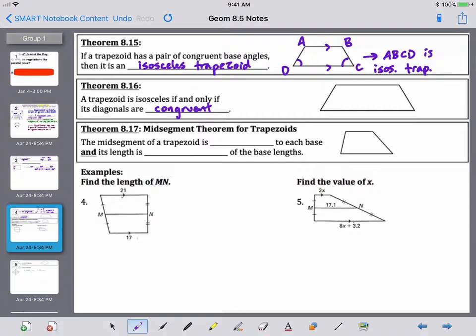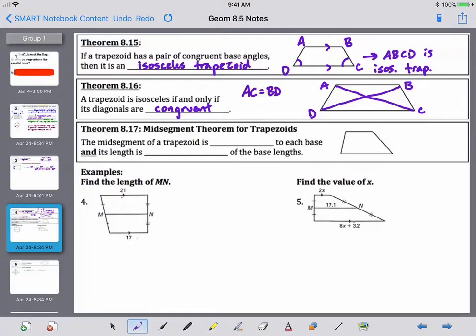So if you would measure these two diagonals' lengths, let's just call this again A, B, C, D. So if AC is equal to BD, it's an isosceles trapezoid. And also, if it's an isosceles trapezoid, you can conclude this, that AC and BD are equal.